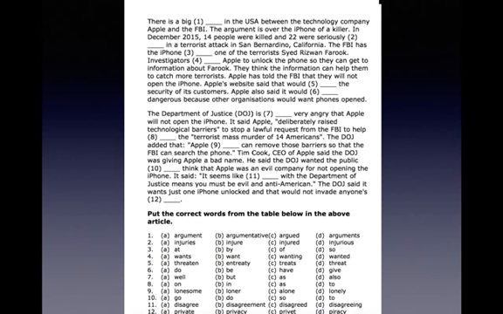And also, let's say number 4, investigators able to unlock the phone so they can get the information about Farouk. There are 4 options: wants, want, wanting, and wanted. This is the difficult one. Why? It's difficult because you should think about a few things.